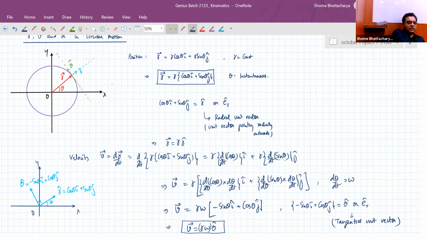The direction of the velocity vector is along the tangent because the unit vector is the tangential unit vector. And we can also see that the magnitude of the velocity, or the speed v, is equal to r omega. So there is that relationship between angular velocity and linear velocity, that v is equal to r omega. And there is that specific aspect about the direction of the velocity vector, which is always pointing tangential to the circle.